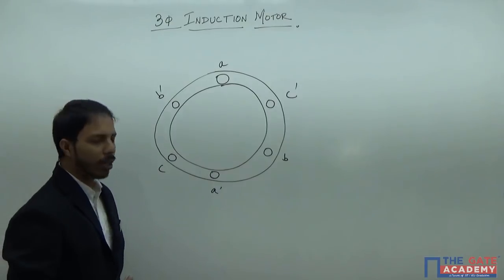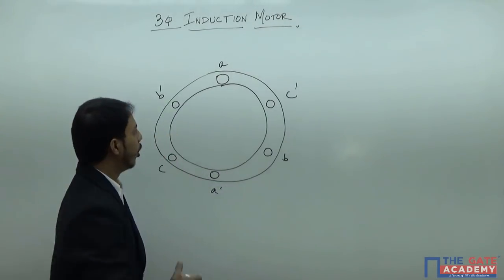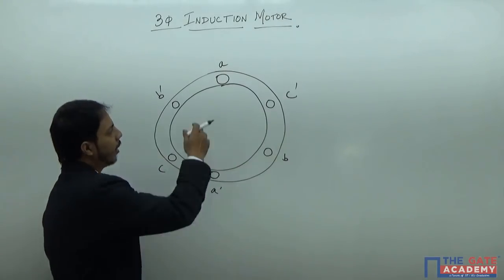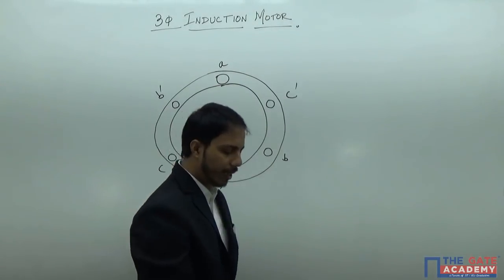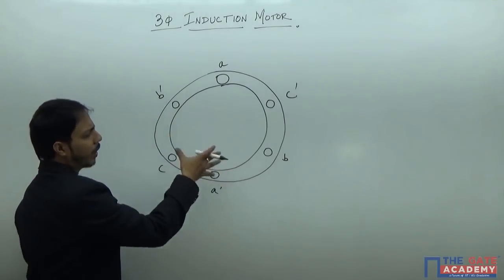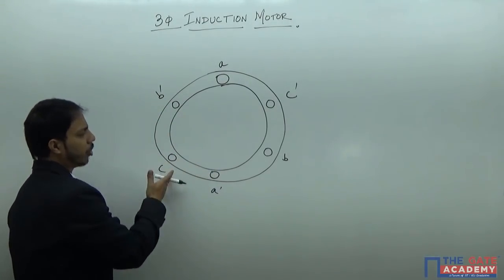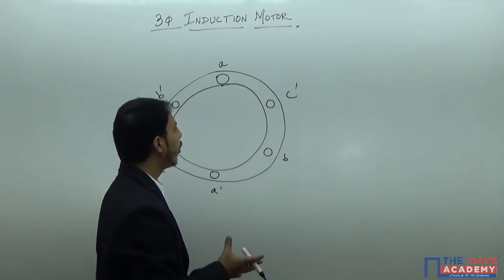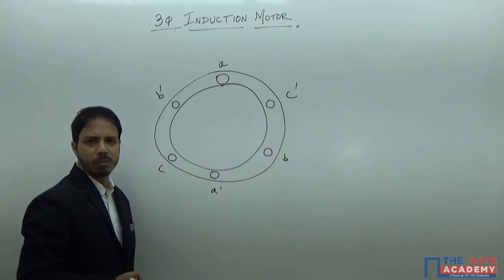This is called a three-phase winding, where we have slots for 3 coils which are at a 120-degree phase difference. If we give supply to these slots, the conductors will be there, and to those conductors, if we give supply, a rotating magnetic field will be produced.